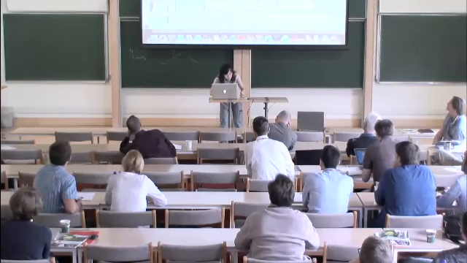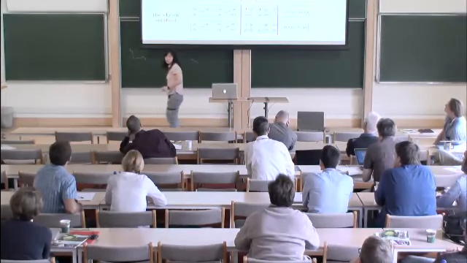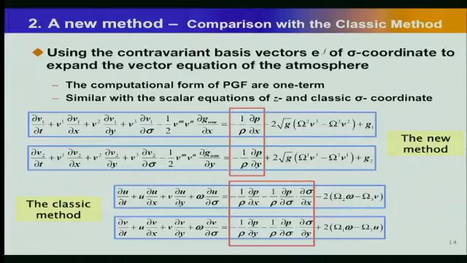We see the equation. There is a big difference, I think, in my opinion. When we use the new sigma method, the equations are just built on this surface. There's no z-coordinate. When we use the z-coordinate or the classic method, the equations are orthogonal, but actually the coordinate is not.